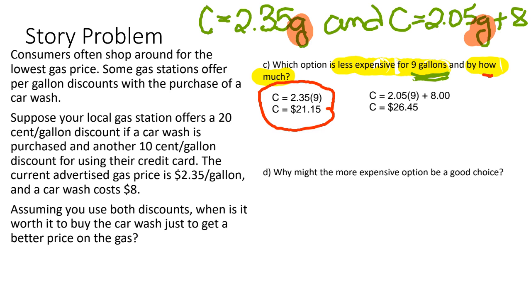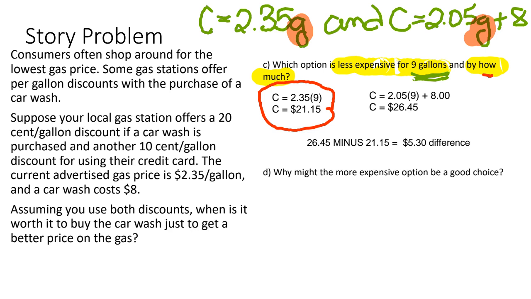Okay? Notice we had to use both equations to get the answer for C. You needed the algebraic approach, because if you look at that table of values, I don't have odd numbered gallons in my table. If you look at column A, they were done by twos.